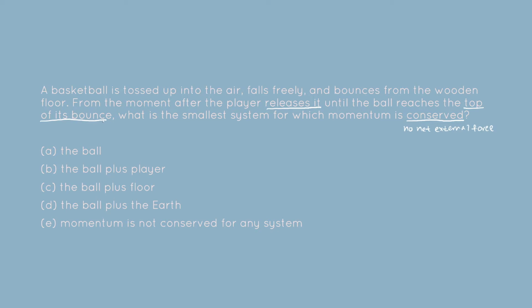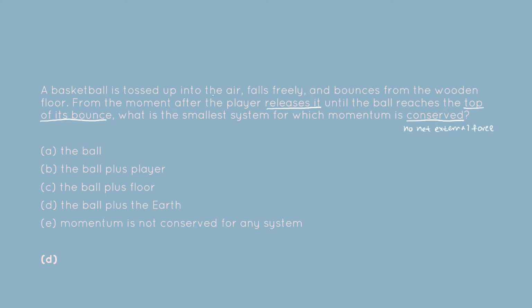So actually the player is out of the question, because we are only considering the moment after the player releases the ball. So the answer should actually be D, the system of the ball plus the earth.